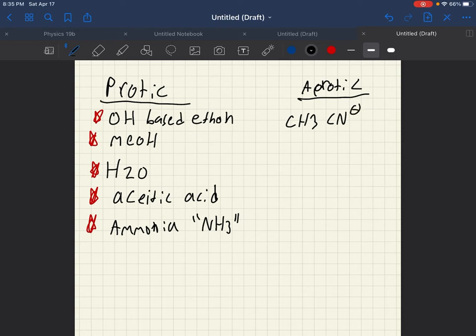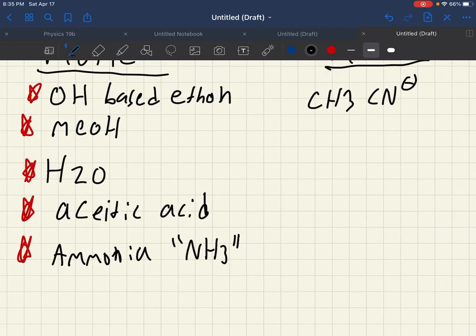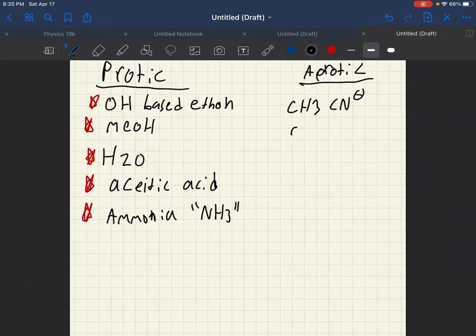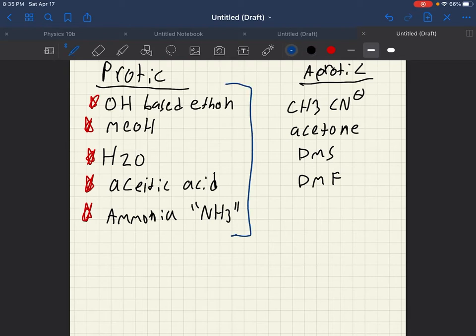You have CH3CN, acetone, DMSO, DMF. Those are the ones you're going to run into. If it's none of the protic ones, because there are very few protic solvents, it's most likely an aprotic solvent. But those are the ones you're going to run into on the exams.